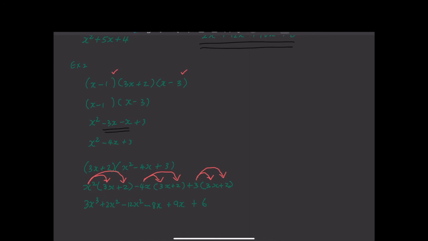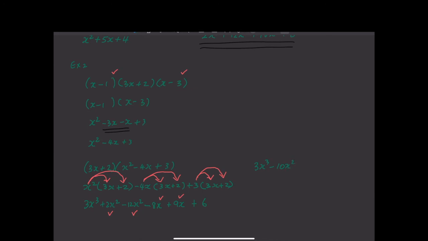So now we're going to collect like terms. We start by writing back 3x cubed. Now we have positive 2x squared minus 12x squared. Now that's going to give us minus 10x squared.